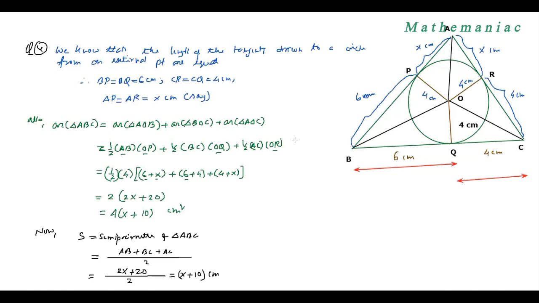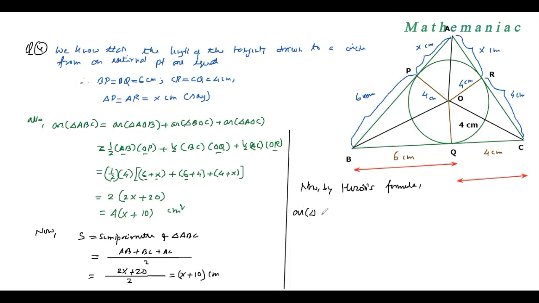Now we are going to apply the Heron's formula to find the area directly, right? And then we'll be comparing. So now by Heron's formula, we got it in class 9.